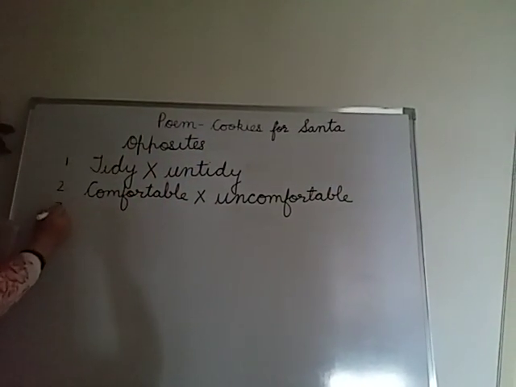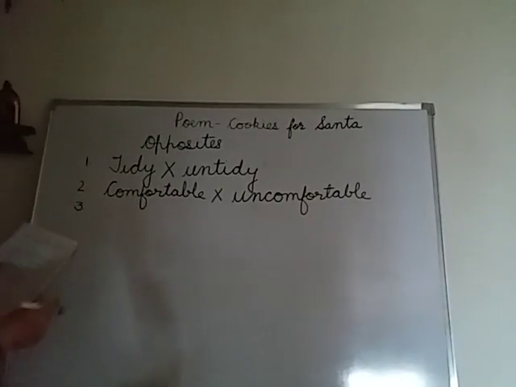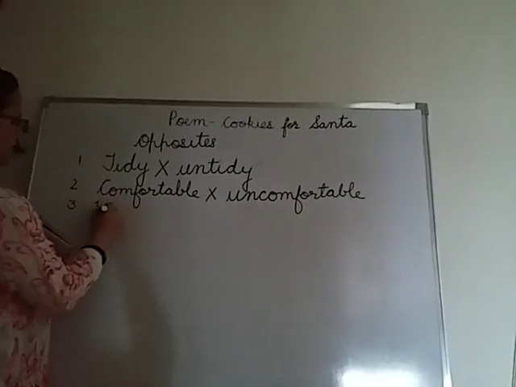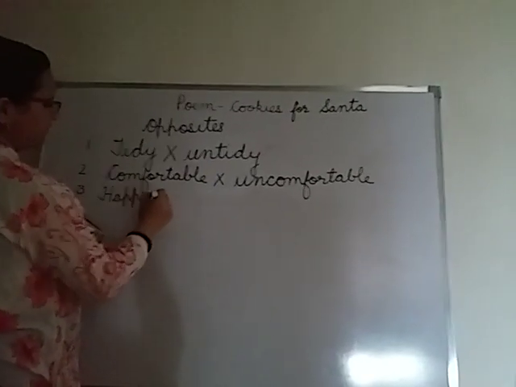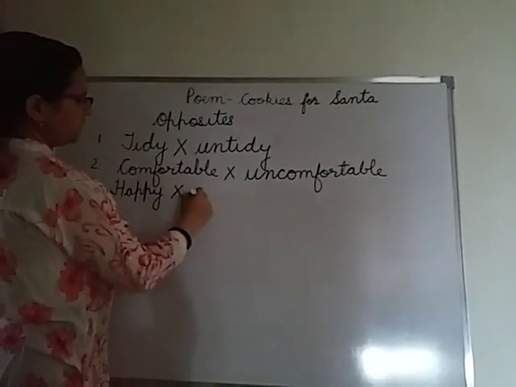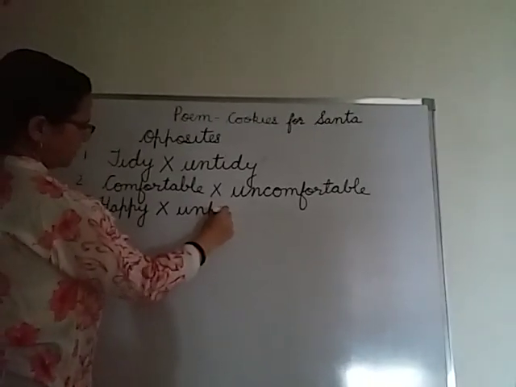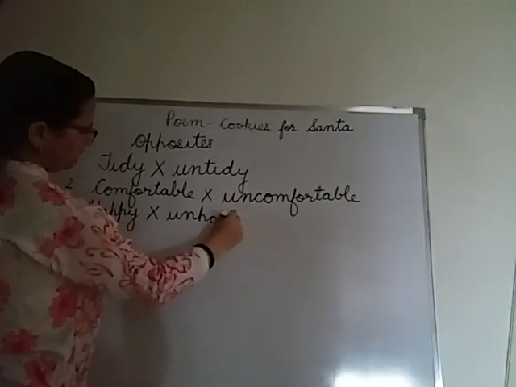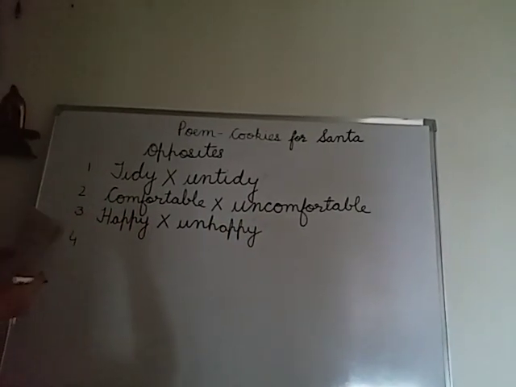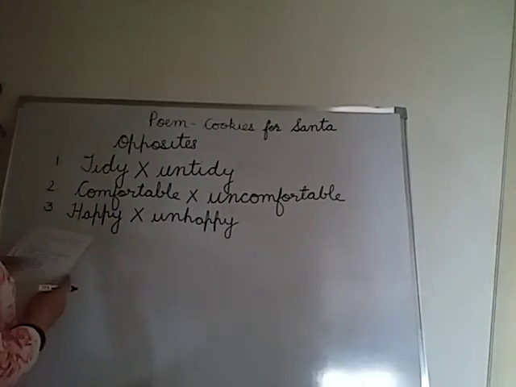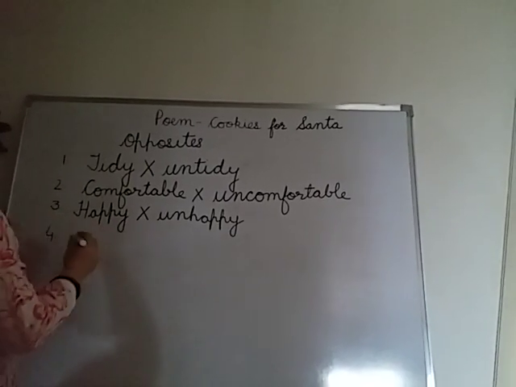Next, in your book, the next word is happy. Very easy word. How will you make the opposite of it? Which prefix will you add? You will add un and it will become unhappy. You not only have to write but also you have to learn this. Next is necessary.